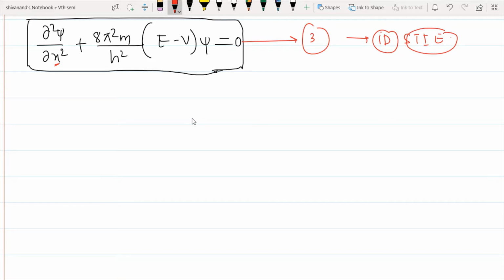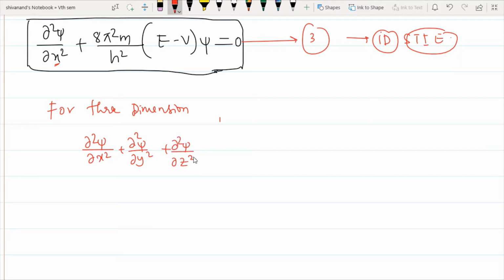Then for three dimensions, the same equation can be written as ∂²ψ/∂x² + ∂²ψ/∂y² + ∂²ψ/∂z² + (8π²m/h²)(E - V)ψ = 0.